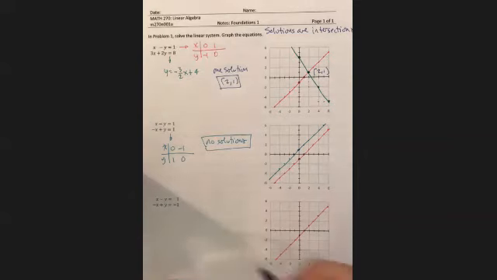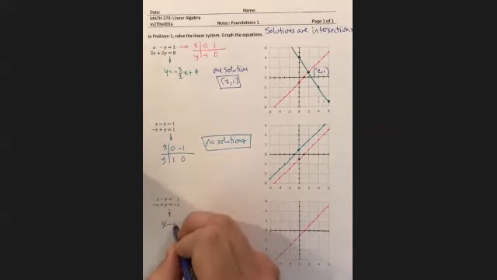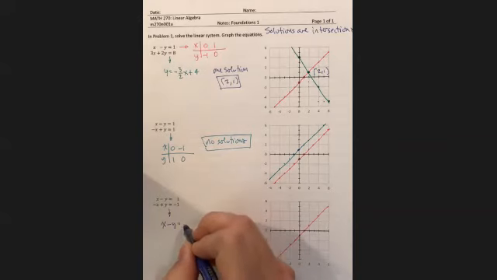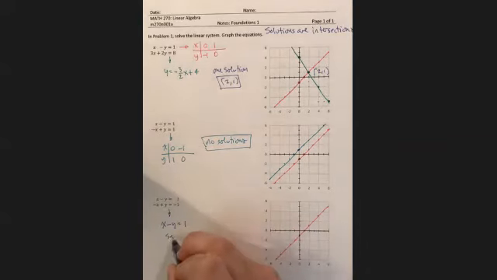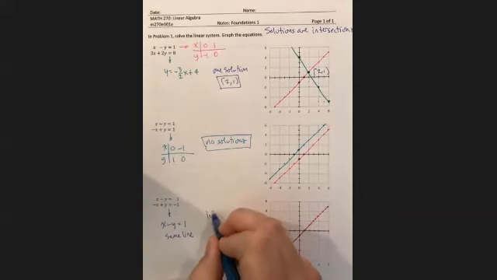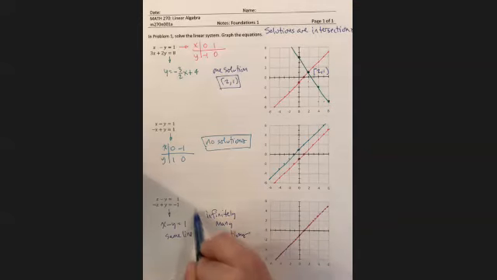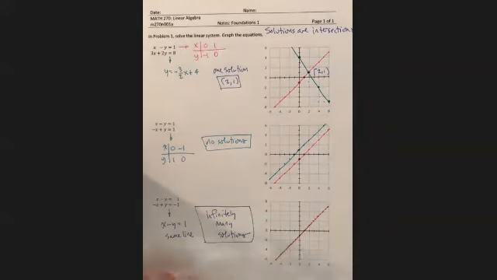If we multiply through by -1, this is the same as x minus y equals 1. It's the same line. So that graph is going to be sitting right on top of the first graph. So in this case, we have infinitely many solutions.